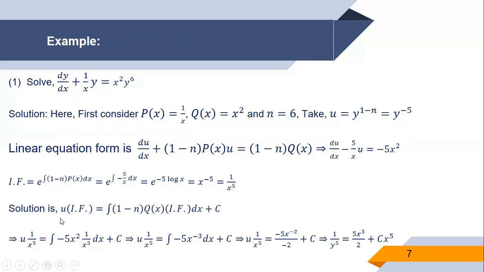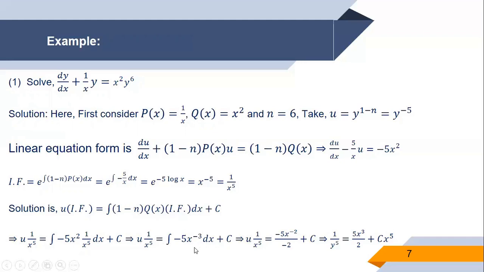Now we know the solution form. So u into integrating factor is equal to integration (1 minus n) q of x into integrating factor dx plus c. So u into 1 upon x raised to 5 is equal to minus 5x square into integrating factor 1 upon x raised to 5 dx plus c. That implies u into 1 upon x raised to 5 is equal to minus 5 x raised to minus 3 dx.